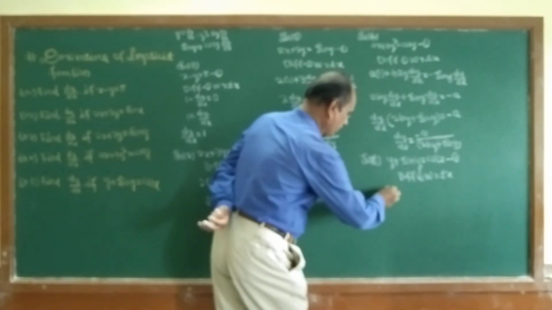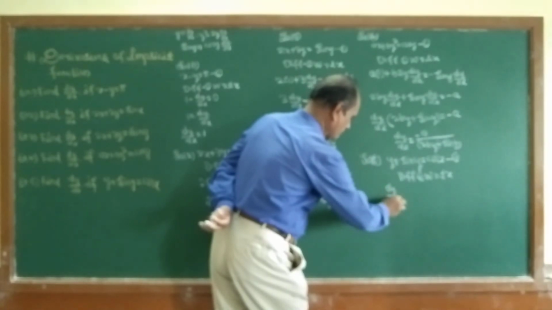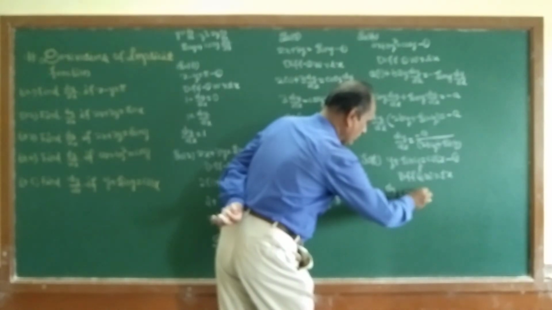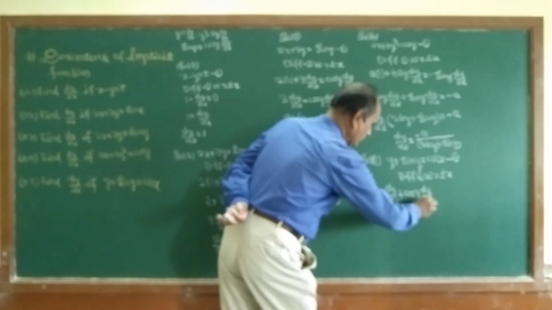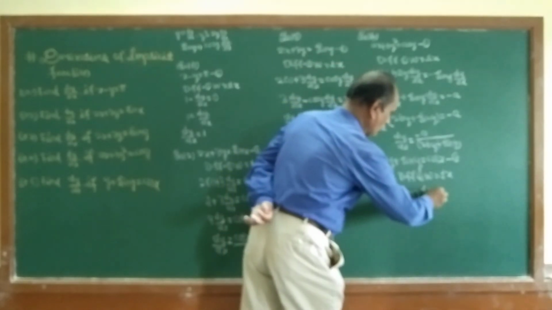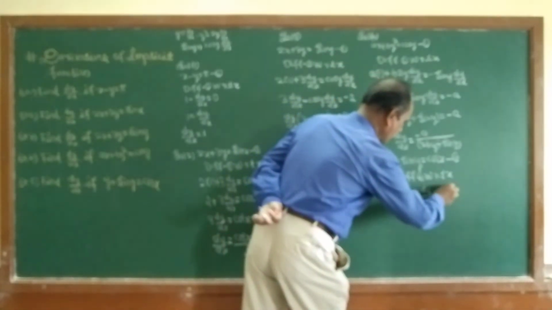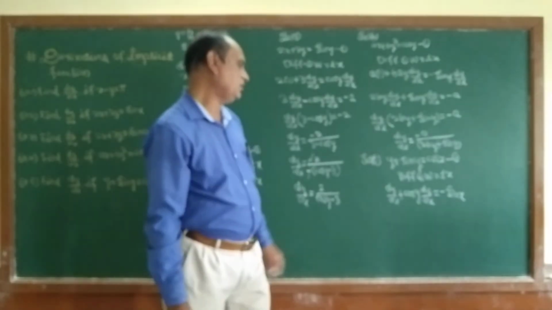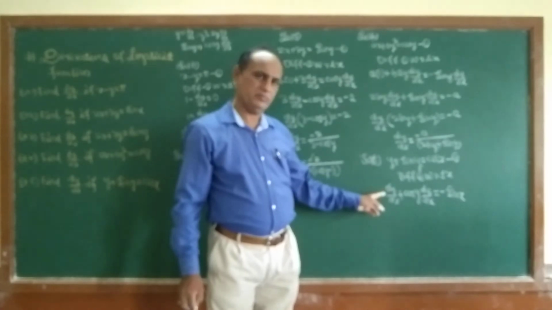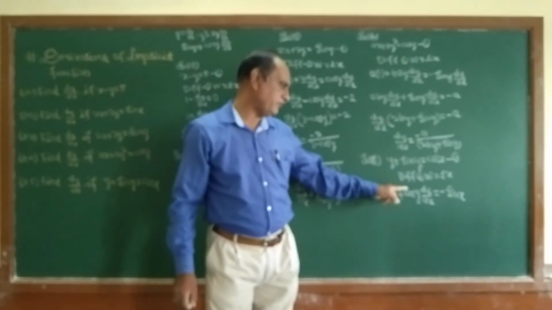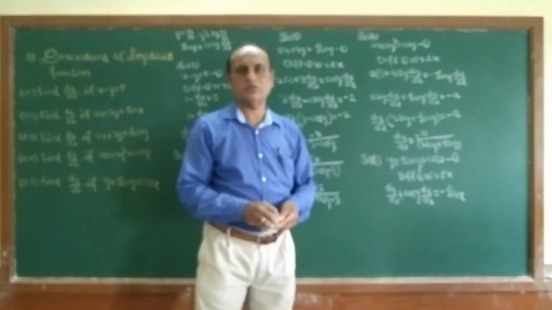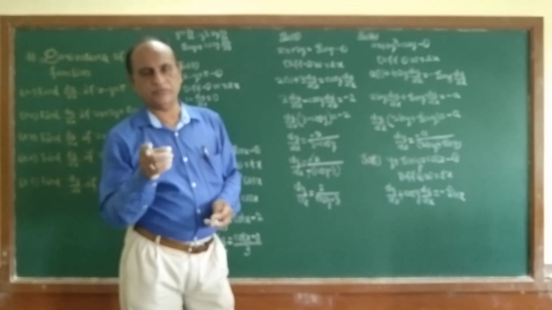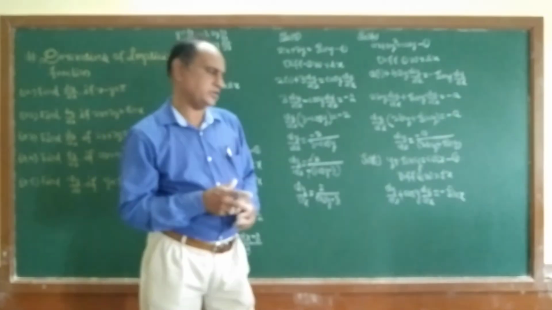Write the derivative of y, that is dy by dx, then the derivative of sin y is cos y, and again the derivative of y, dy by dx, is equal to the derivative of cos x, which from the list of formulas is minus sin x.